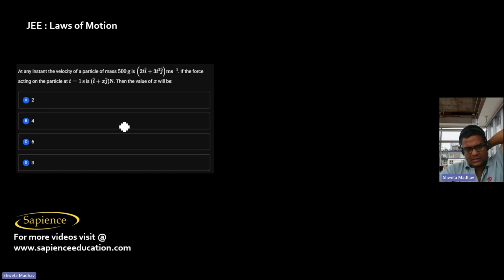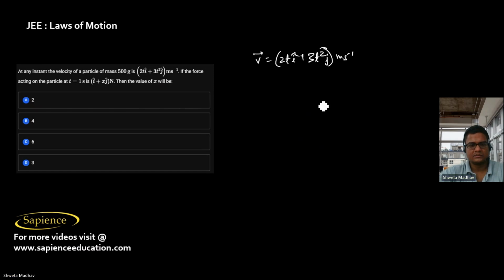And here it is told at any instant the velocity of a particle of mass 500 gram is 2t i cap plus 3t square j cap meter per second. The force acting on the particle at t equal to 1 second is i cap plus x j cap Newton.